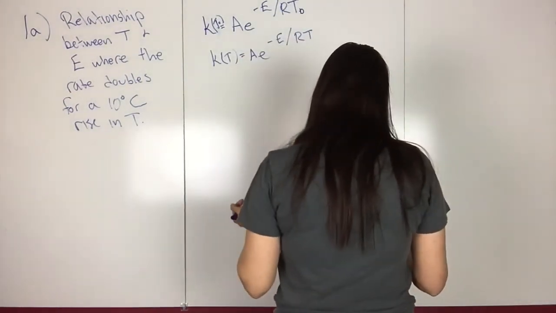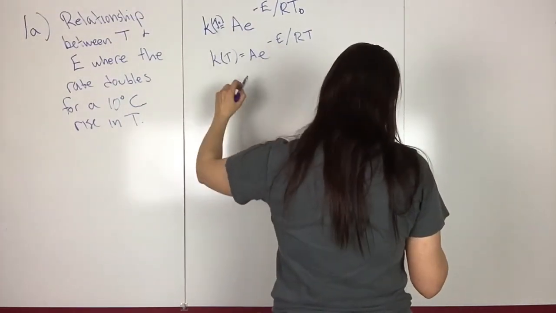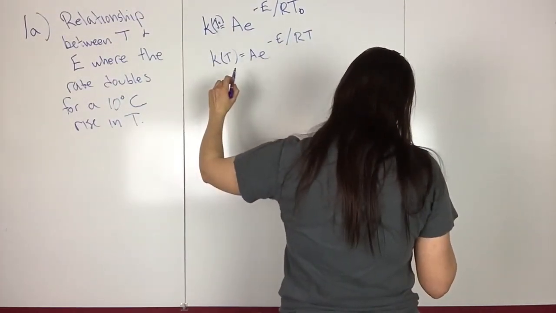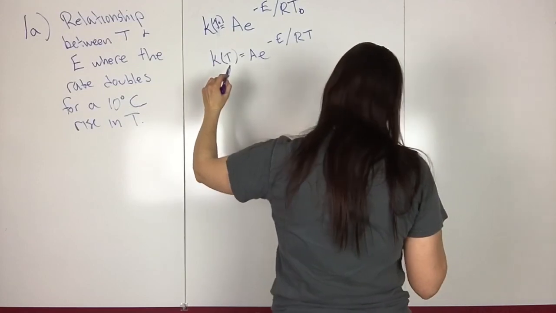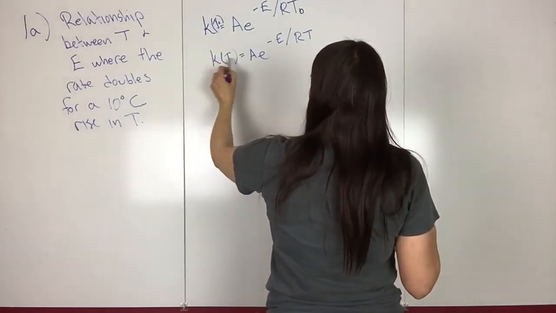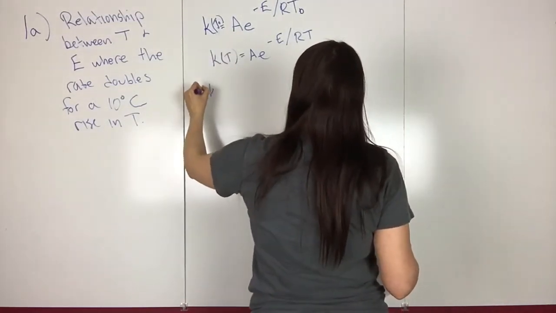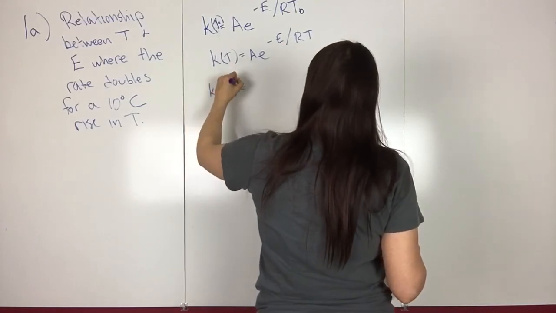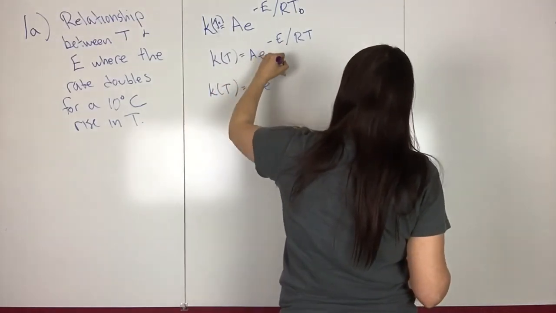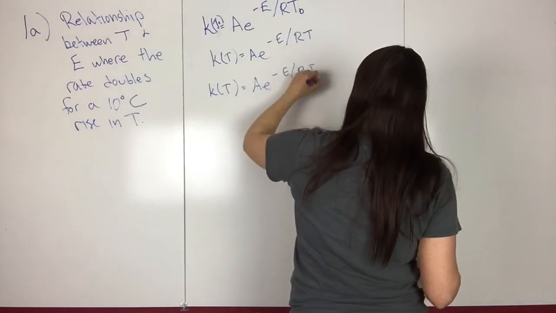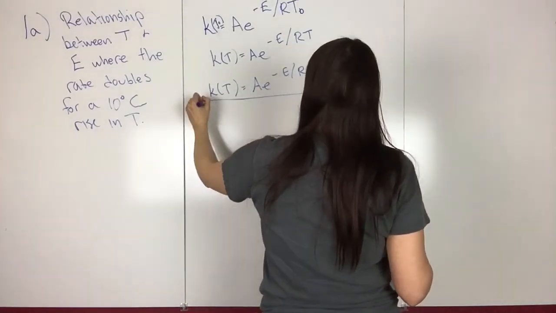So you want to divide this one by that one, so k T equals A e to the minus E over R T divided by k T naught equals A e to the minus E over R T naught.